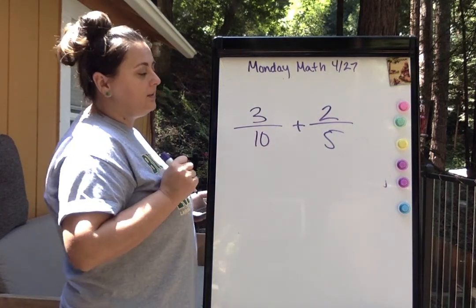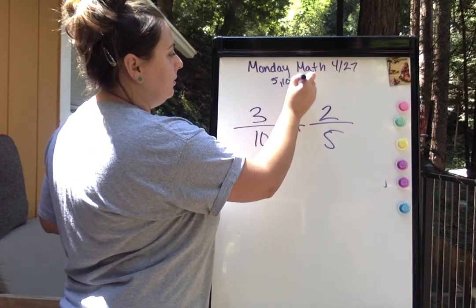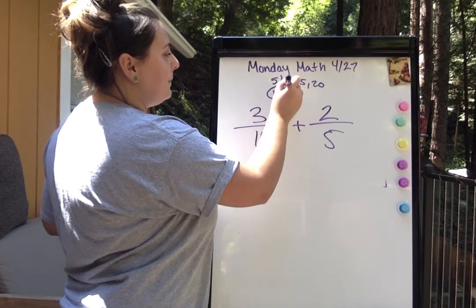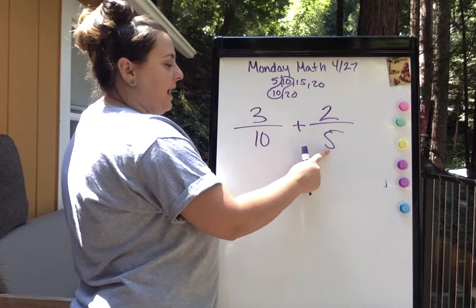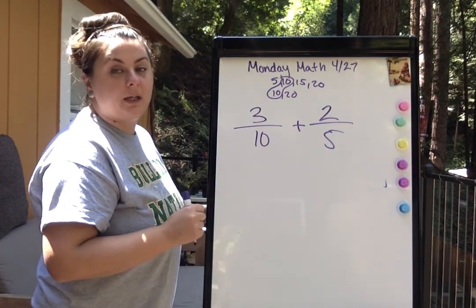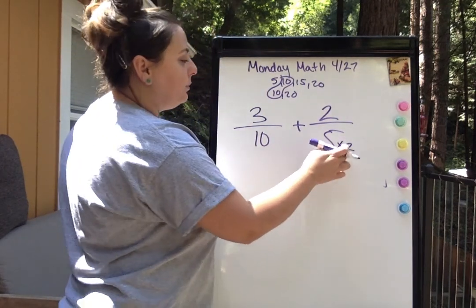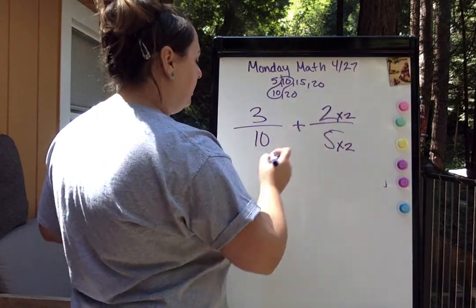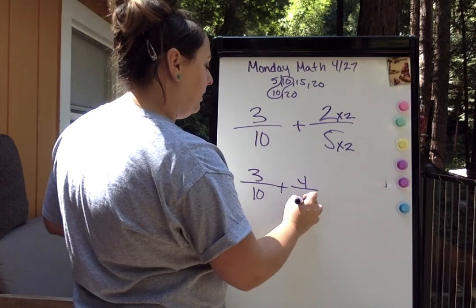So when I look at this, if I count it out, I see that the common denominator is going to be 10. So how do I make a 5 into a 10 using multiplication? I'm going to times it by 2. Whatever we do to the bottom, we do to the top, leaving us with 3/10 plus 4/10.